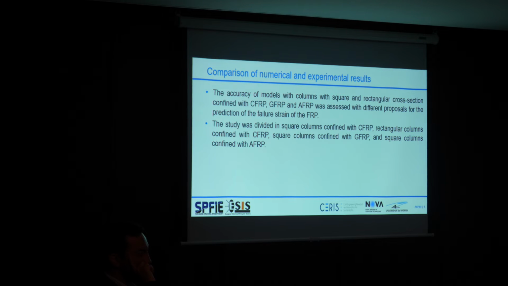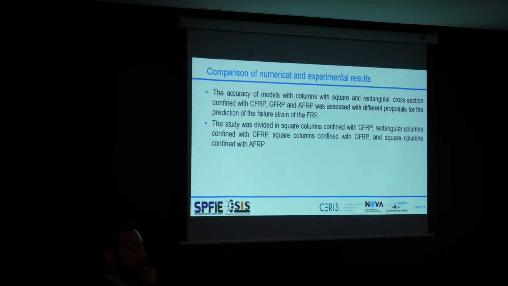Due to the lack of experimental tests, it was not possible to study rectangular columns confined with glass and with aramid. For glass, only one test was found with all the information that we need, and for aramid there was none with all the information we need.